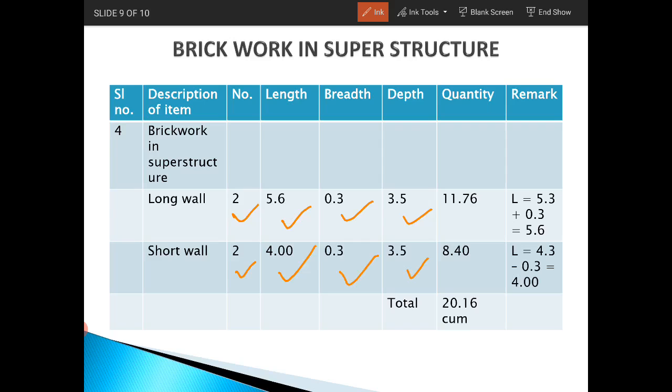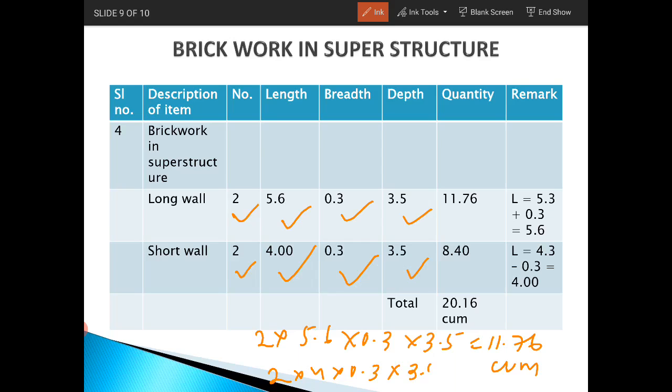Multiplying, for the long wall 2 into 5.6 into 0.3 into 3.5 comes as 11.76 cubic meter. Similarly for the short wall, 2 into 4 into 0.3 into 3.5 comes as 8.40 cubic meter. Adding 11.76 and 8.40 gives the total quantity.